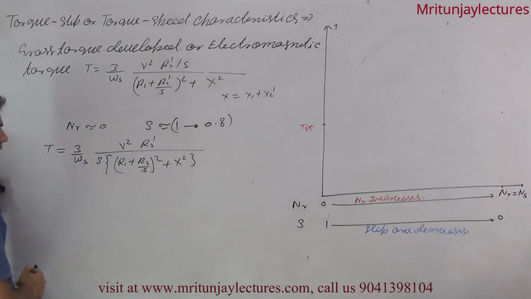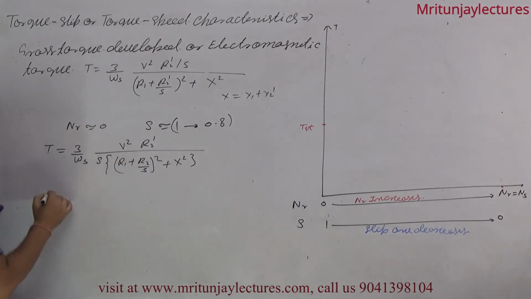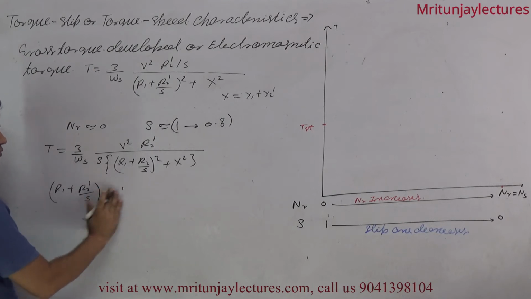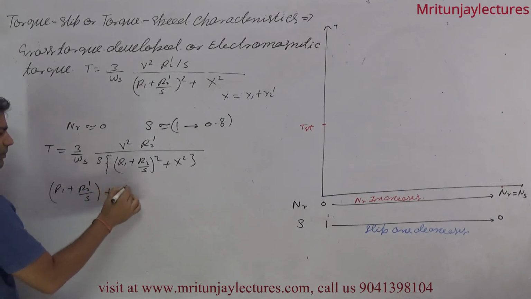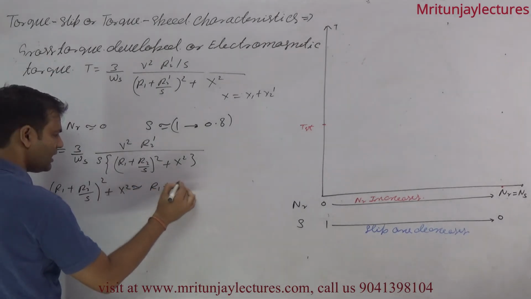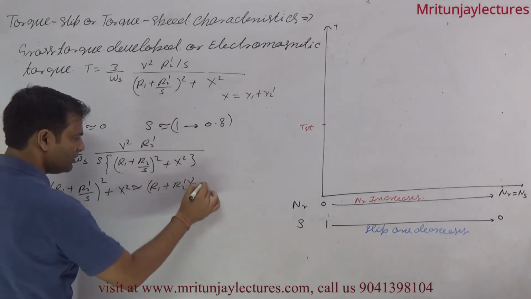Clear? Now in this duration we have taken R1 plus R2 dash by s the whole square plus X square as closer to R1 plus R2 dash the whole square plus X square.